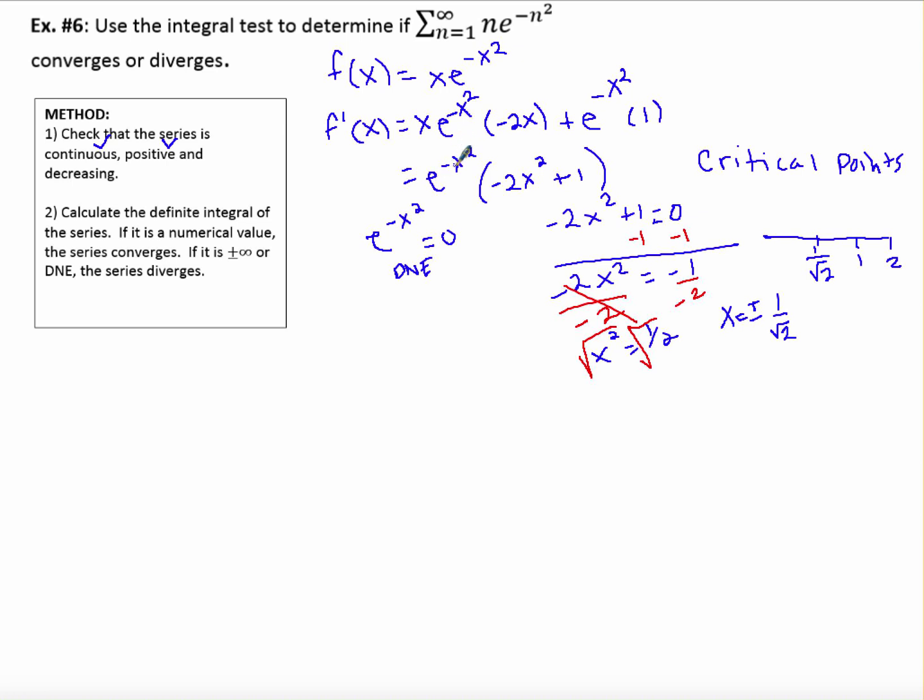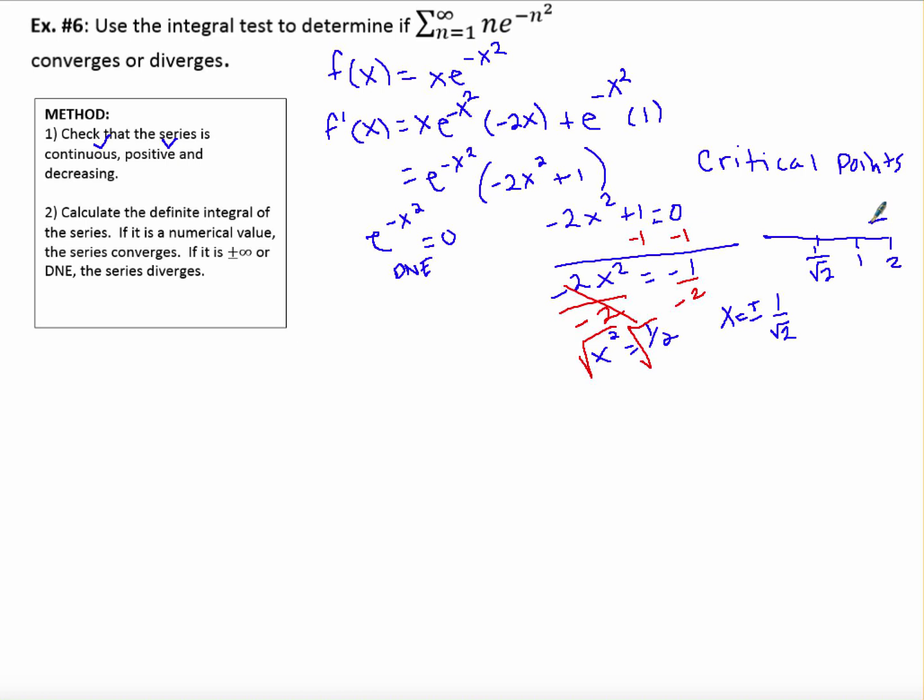If I've got e to the negative 2 squared power, so 2 squared is 4, e to the negative 4th, this is going to be a pretty small number, but it will be positive. Then over here, if I substitute in a 2, 2 squared is 4, 4 times negative 2 is negative 8, and negative 8 plus 1 is negative 7. Negative 7 times a positive number is going to be negative.